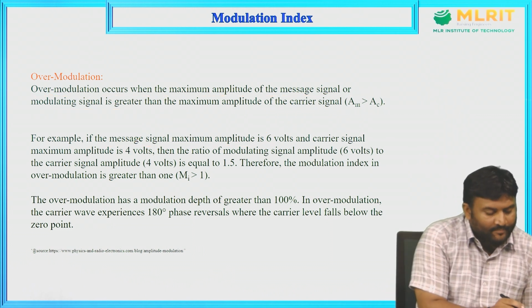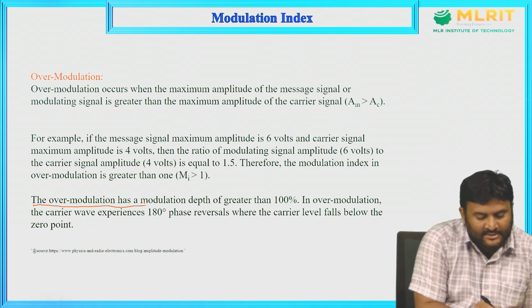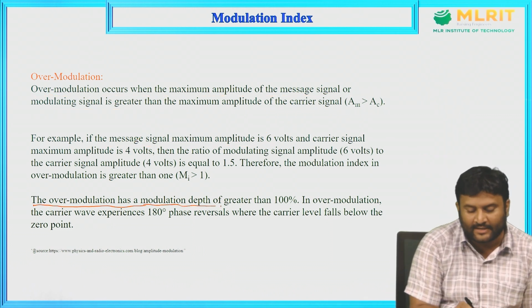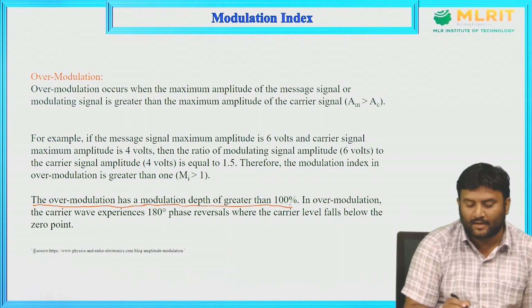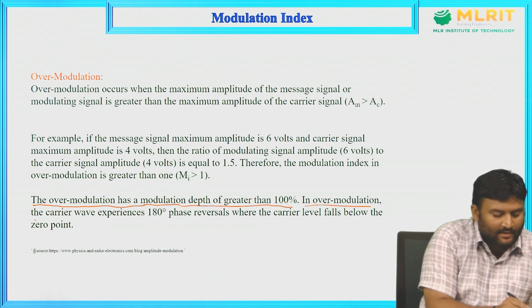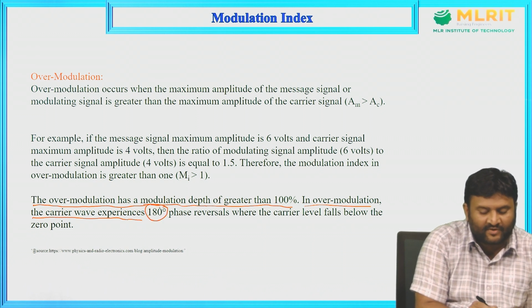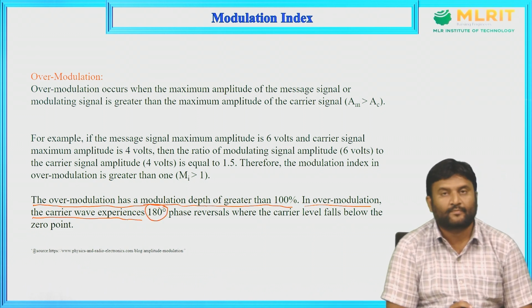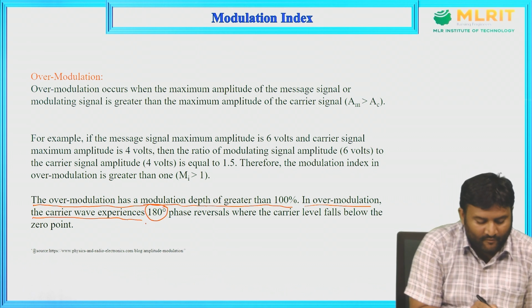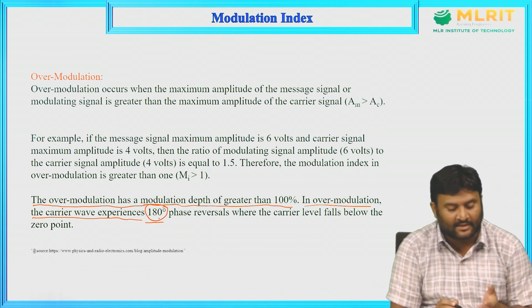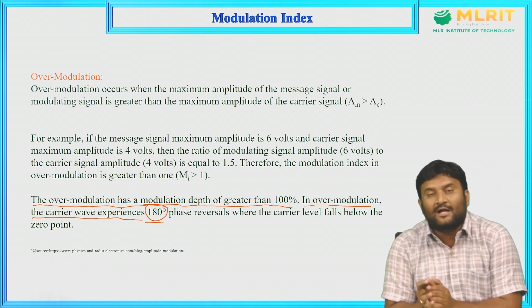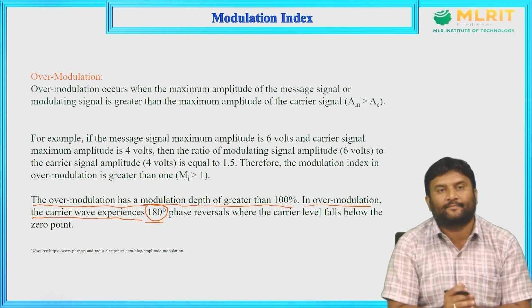And observe here, over modulation has modulation depth of greater than 100%. In over modulation, the carrier wave experiences 180 degrees phase reversal. Very important: 180 degrees phase reversal, where the carrier level falls below the 0 point.